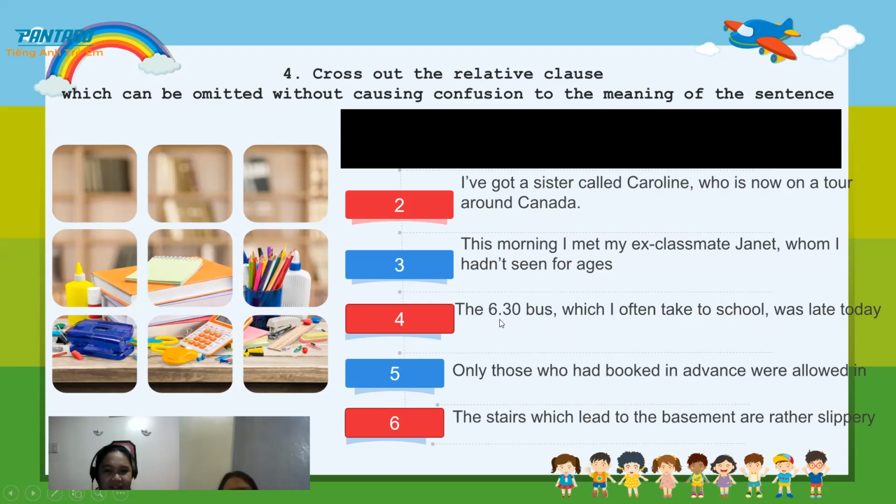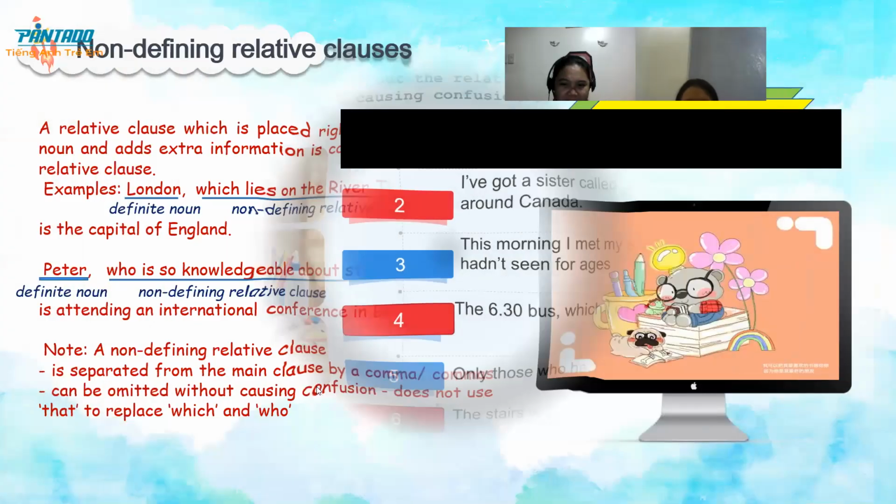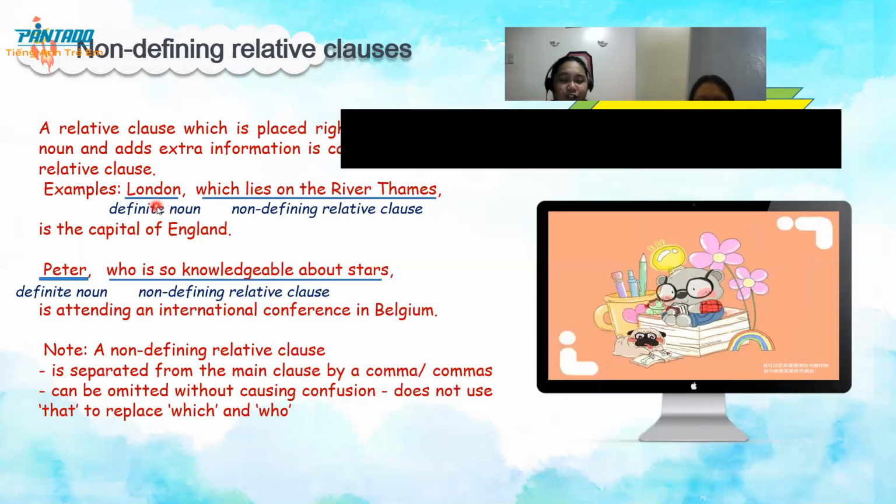Again, look at this sentence. London, comma, which lies on the River Thames, comma, is the capital of England. So this is our non-defining relative clause. If we cross out this sentence, it will make: London is the capital of England.